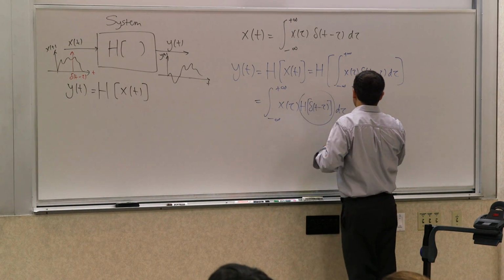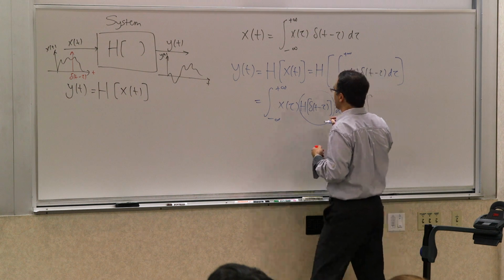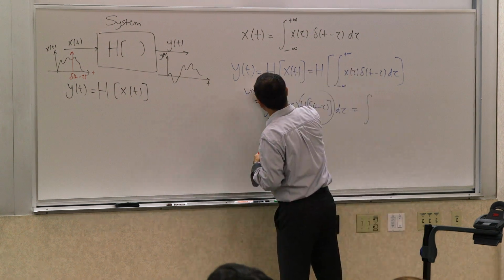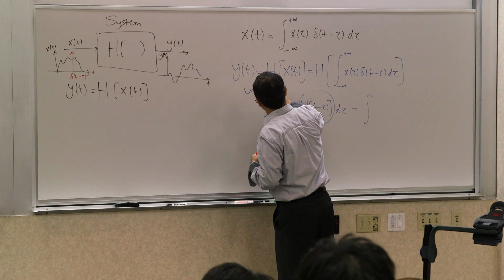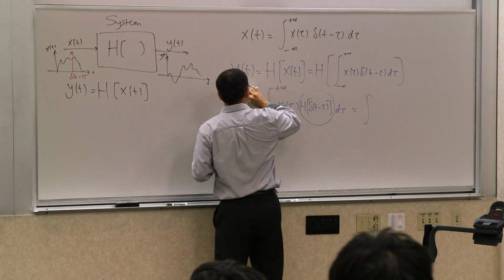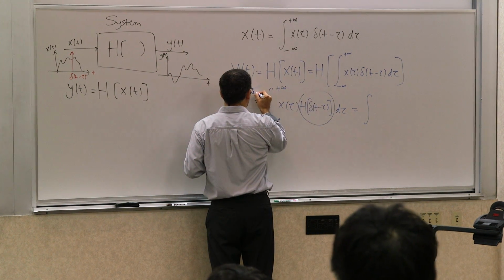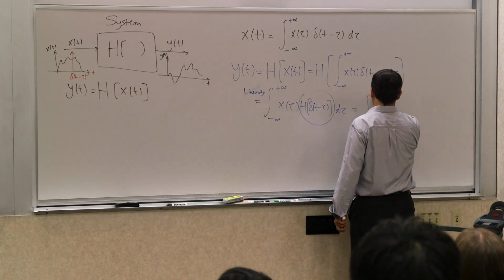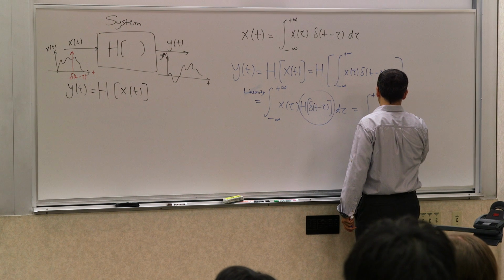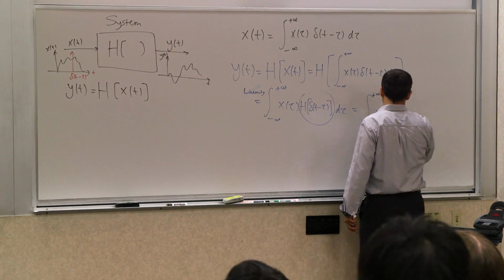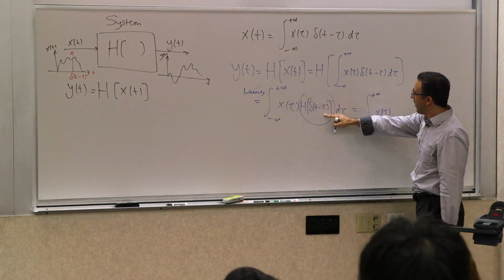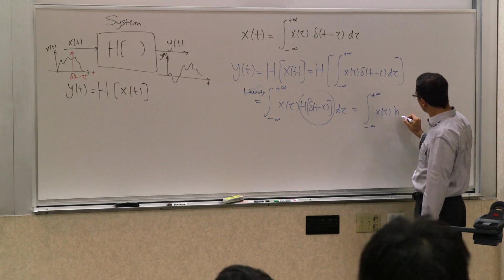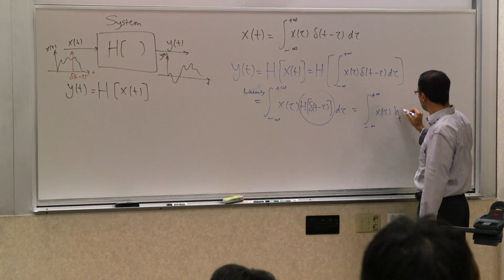So the assumption here, we made an assumption of linearity. Now, negative infinity to positive infinity of x of tau. Now this thing, I show it with lowercase h sub t of tau.